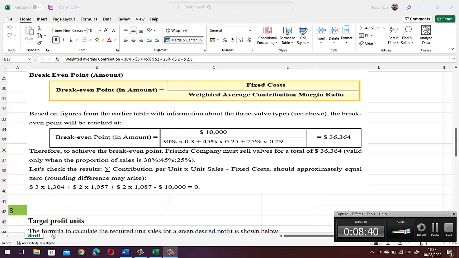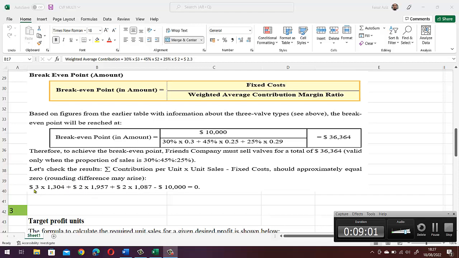We can check our calculation, whether at this proportion of sales the net profit will be 0 or not. For that, we simply multiply the individual contribution with the individual break-even units.